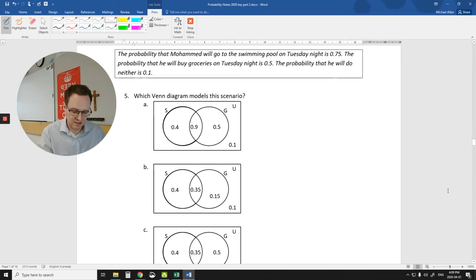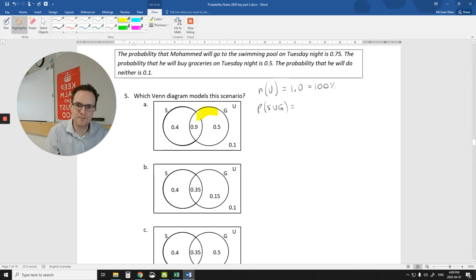Okay, so the first thing I want to know is what is my universal set? So the number in my universal set is 1.0. The reason behind that, that's 100%. Everything that happens on Tuesday is in this 100%. Now, the union between S and G, swimming and groceries, is everything in these two circles, right?